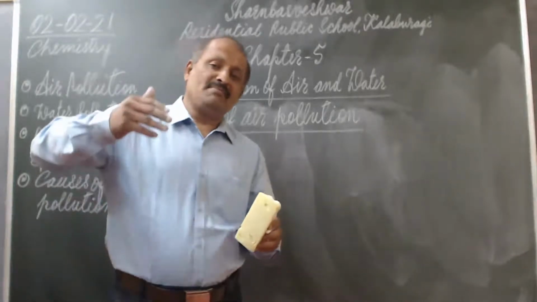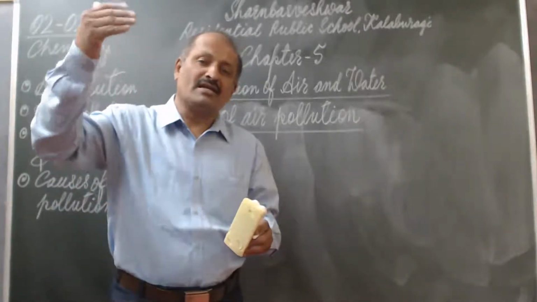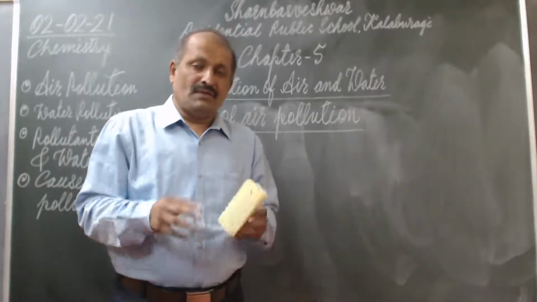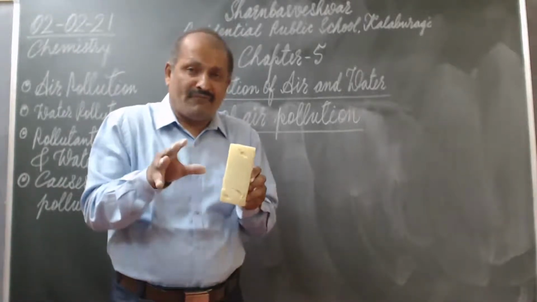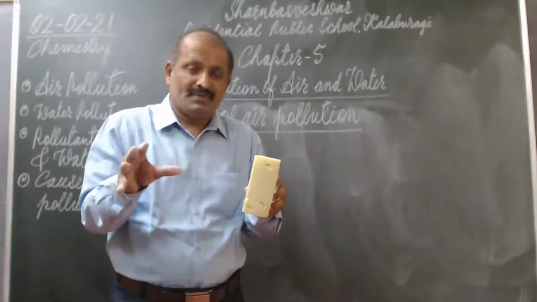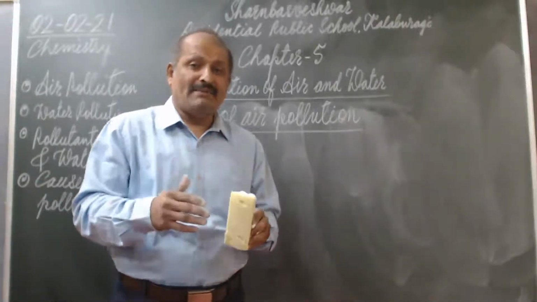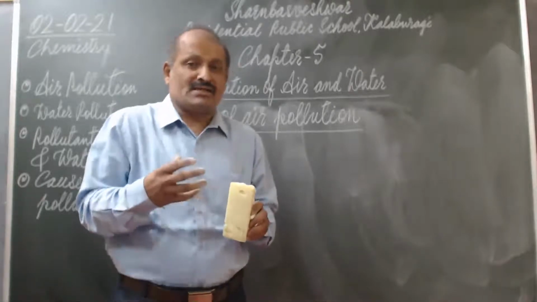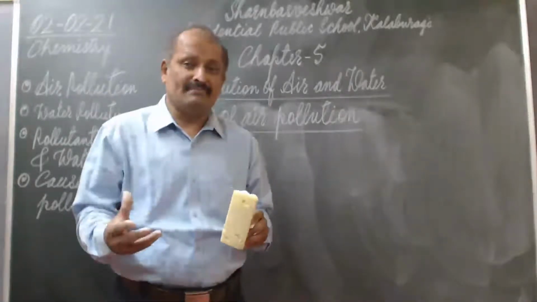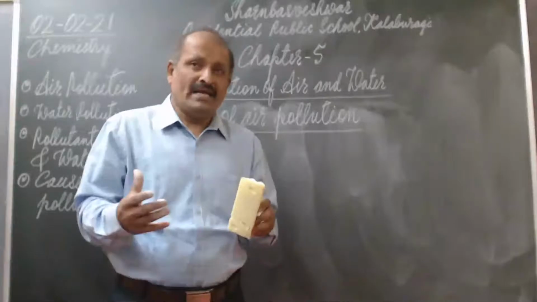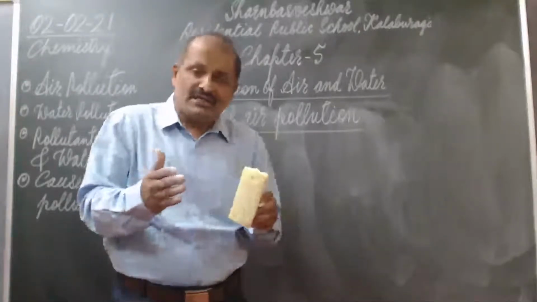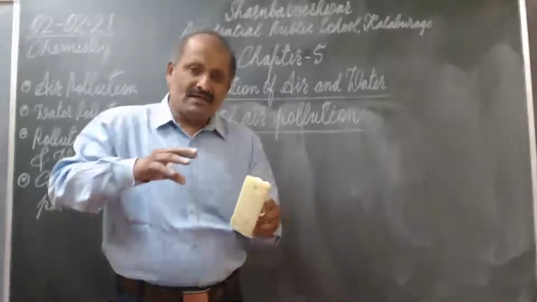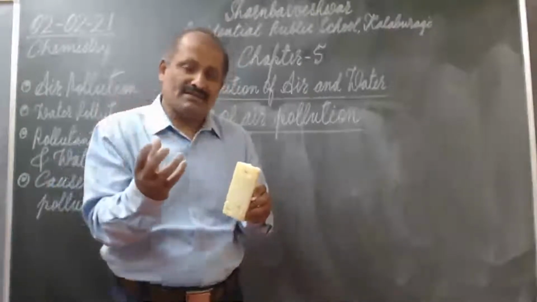See, previously, before 50 years ago, before 100 years ago, there was a favorable atmosphere for mankind. There was raining time to time, and there were seasons occurring time to time. Now we have variations in the climatic conditions.